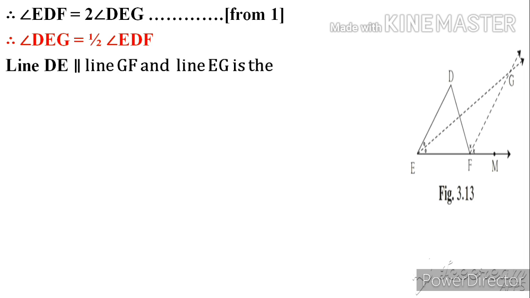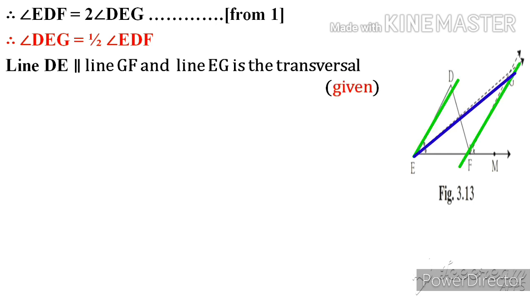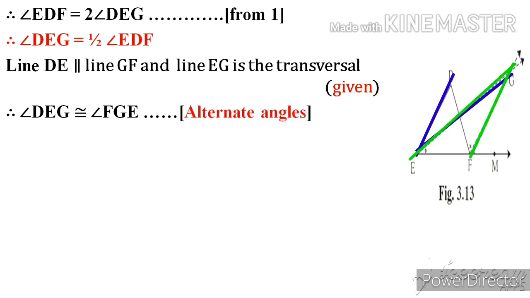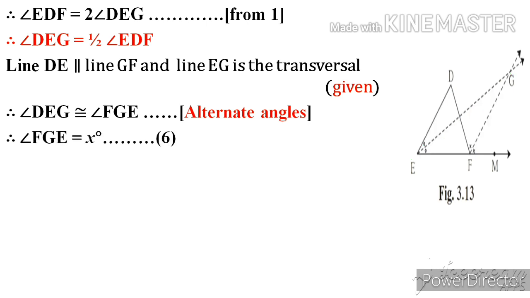Now student, line DE is parallel to line GF and line EG is the transversal, which is given information. Therefore, angle DEG is congruent to angle FGE. They form alternate angles. Therefore, FGE equal to x degree. Give the equation number 6. Already we have the value of DEG x degree.